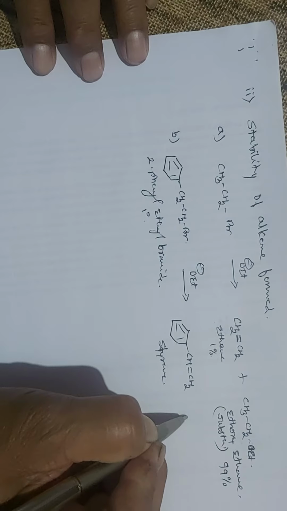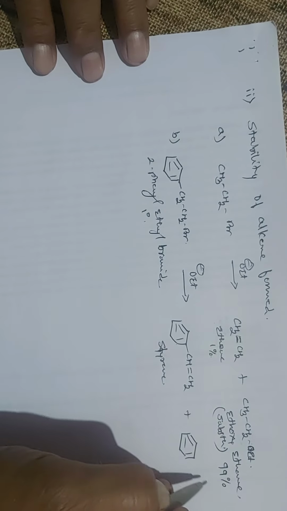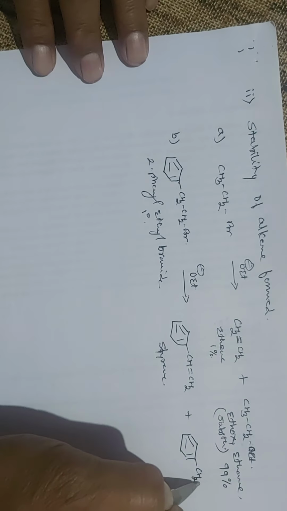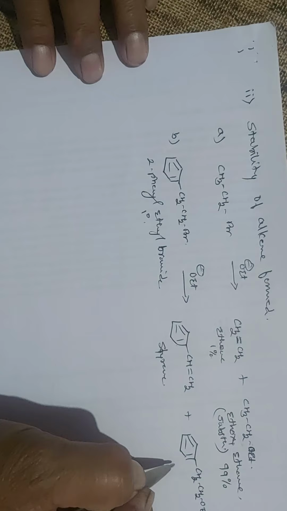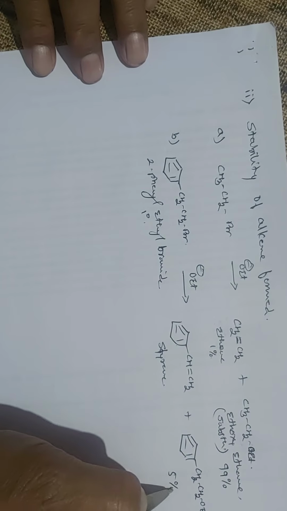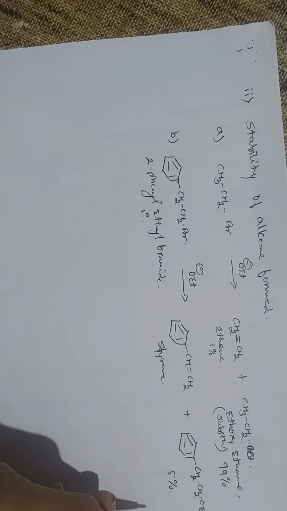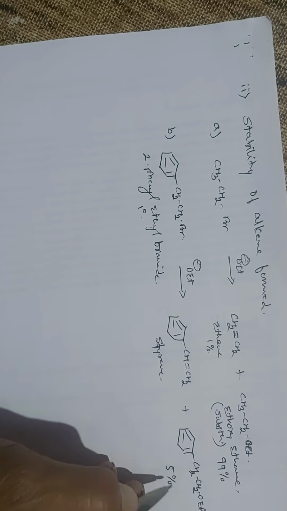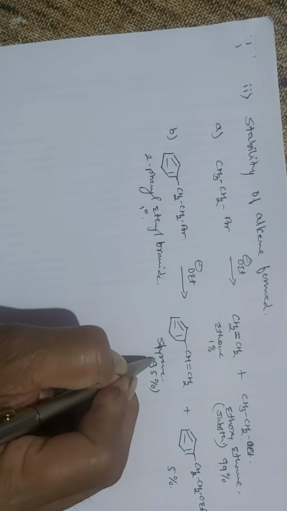And here, the substitution product, 2-phenylethoxyethane, is obtained only 5%, whereas the elimination product is 95%.